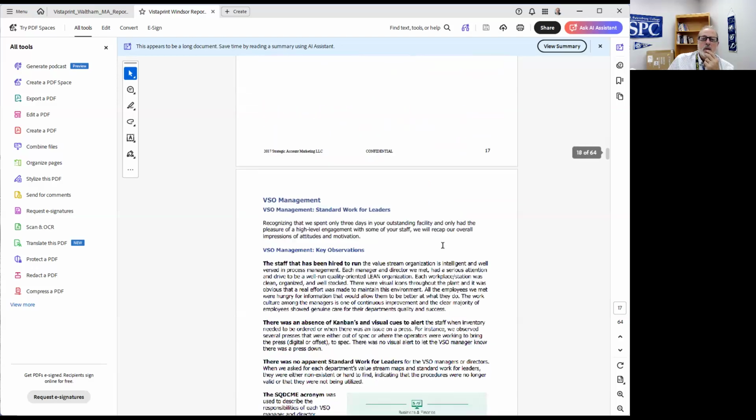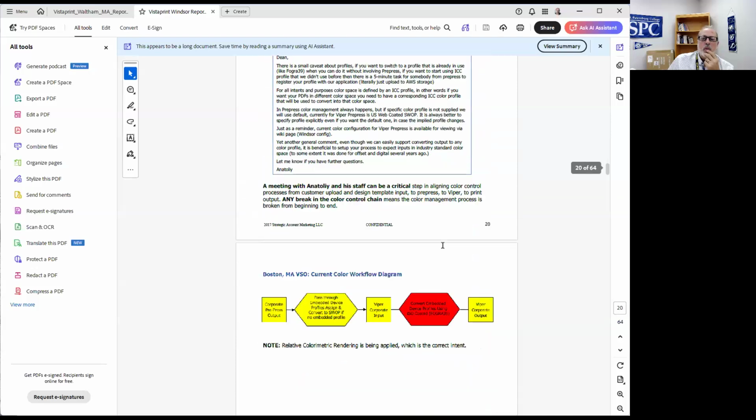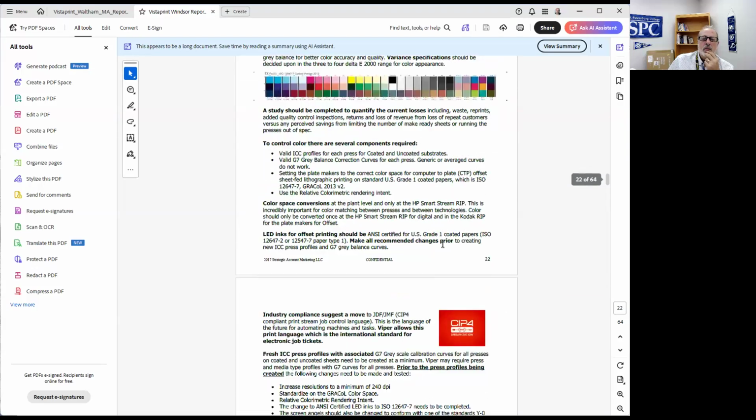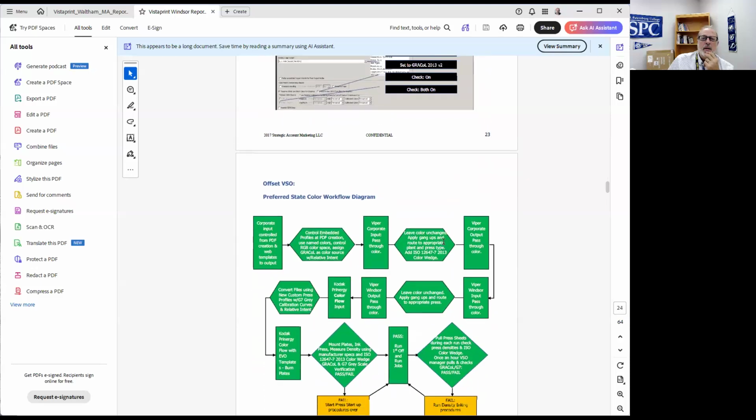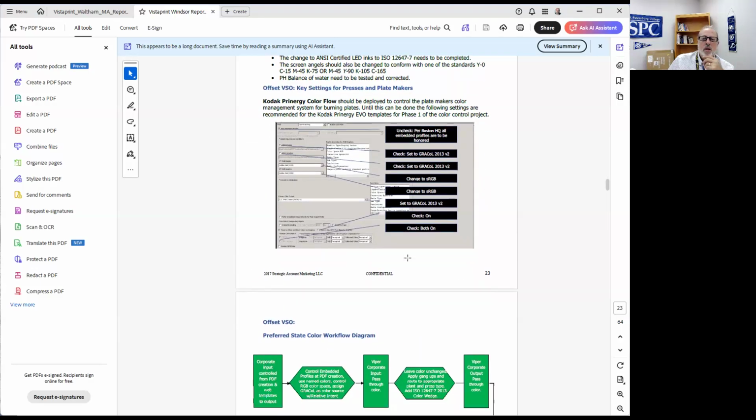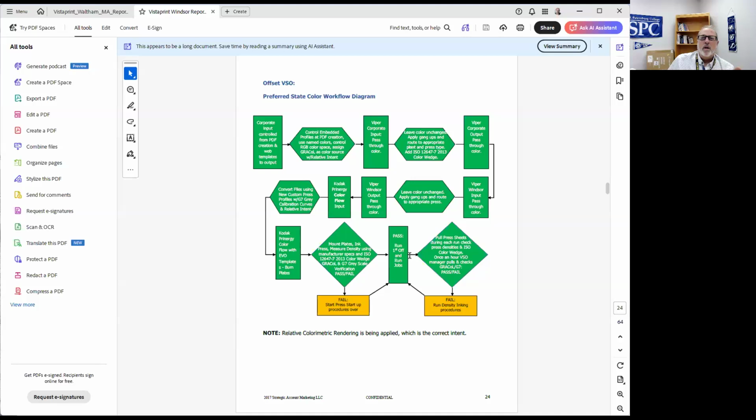Another one. So let me show you what it looks like when we're finished. And this is just a chart that shows how we reconfigured a lot of their processing systems. But this chart now demonstrates their new process, their new workflow. And notice everything is green, everything's optimized.